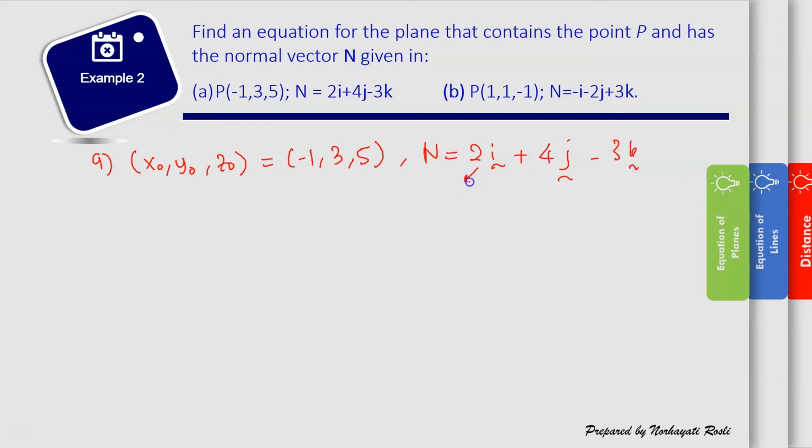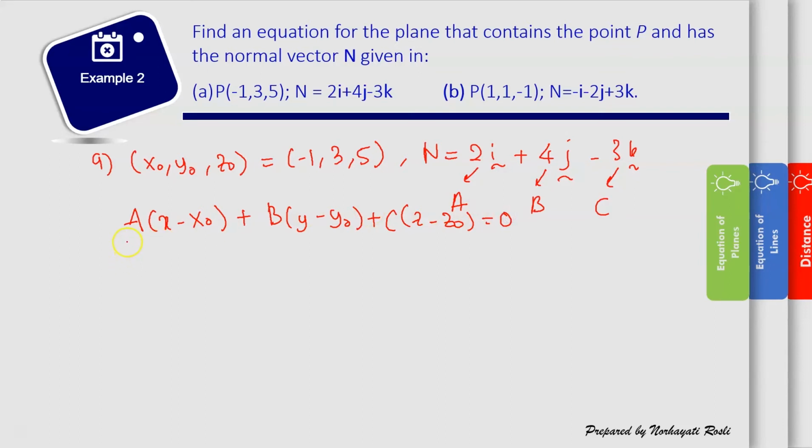So in this case, 2 is a, 4 is b, and negative 3 is c. I can write the equation of plane in terms of a(x minus x naught) plus b(y minus y naught) plus c(z minus z naught) equal to 0. So in this case, I already have a, b, and c.